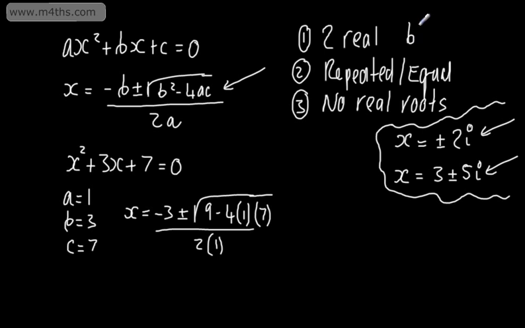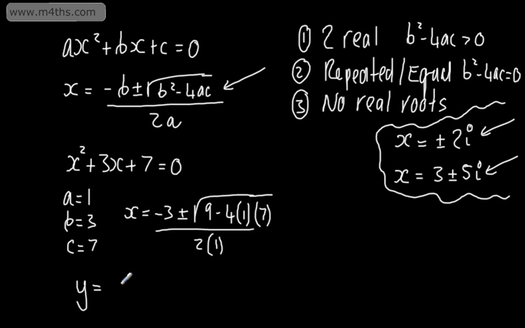We can say that if b squared minus 4ac is greater than 0, we will have two distinct real roots. If b squared minus 4ac is equal to 0, we will have a repeated root. Or, if you like, the quadratic can be written as a perfect square.